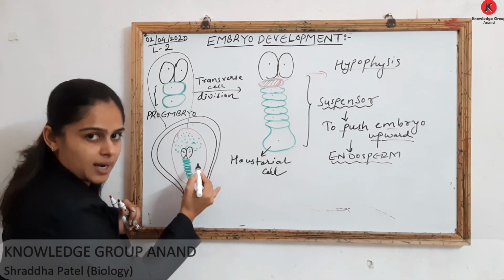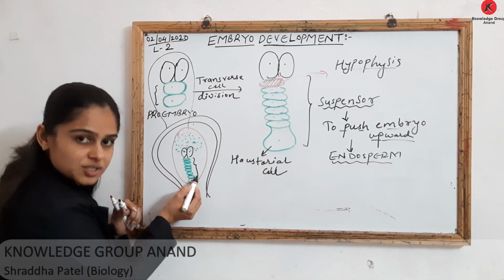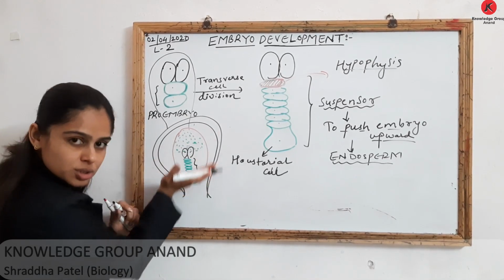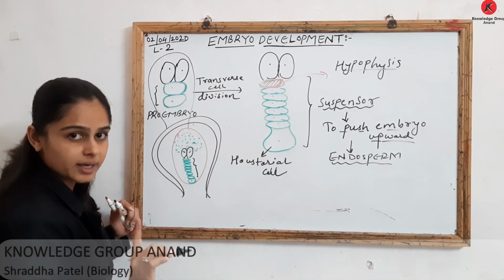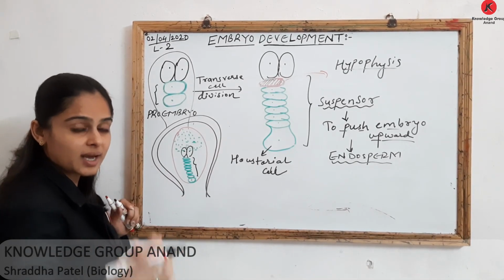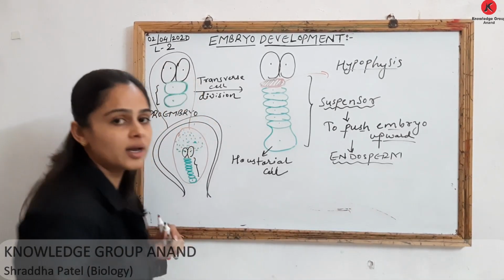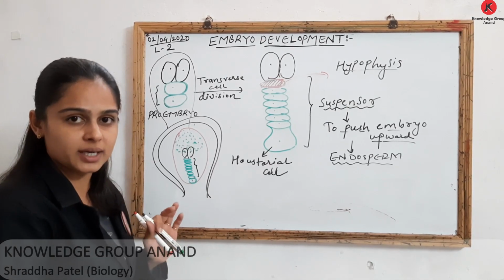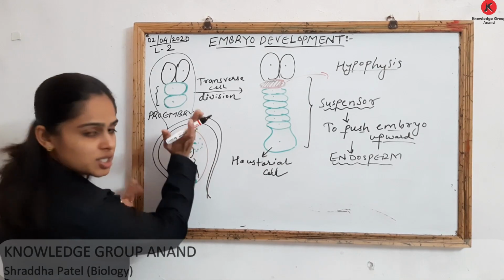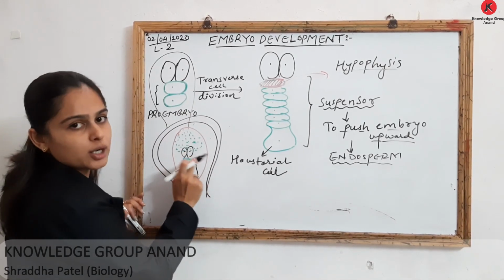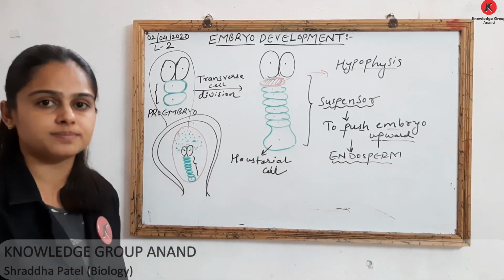What will the terminal cell form? Your embryo, right? So the purpose of this suspensor is to push the embryo cell upward. Am I clear? So from there they can easily get nutrition which is present in your endosperm. So what is the function of the suspensor? Nothing, simple as that, it pushes the embryo towards the endosperm where they obtain nutrition.